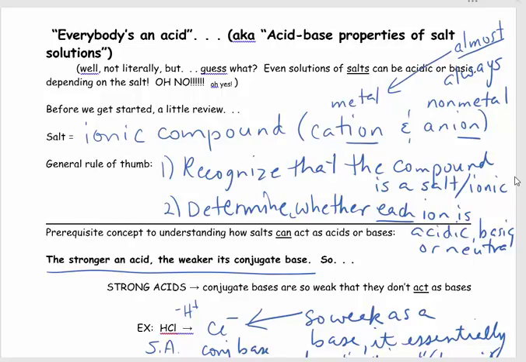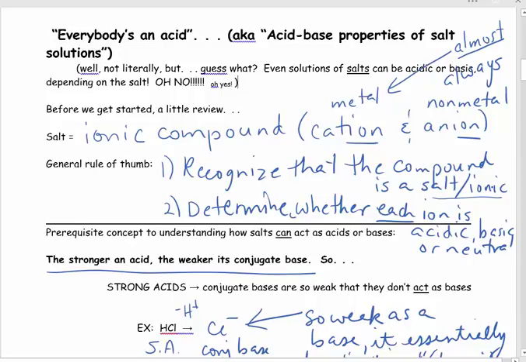So the general rule of thumb is that when determining whether a salt is an acid, base, or neutral, you first have to decide whether the compound is a salt or is ionic. Same difference basically for our purposes. So you have to recognize it as being a salt.